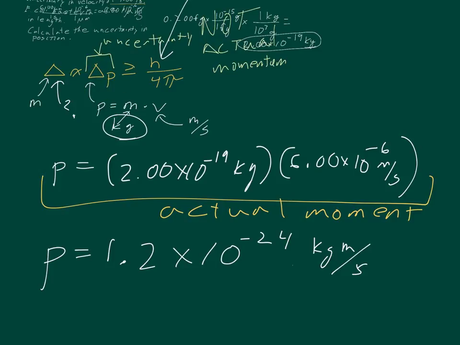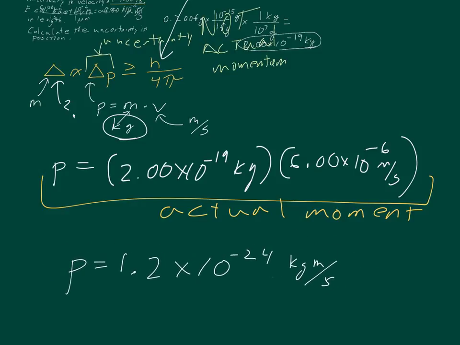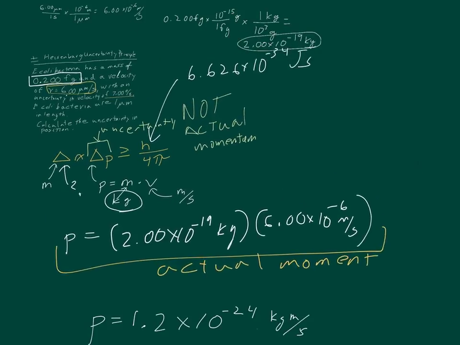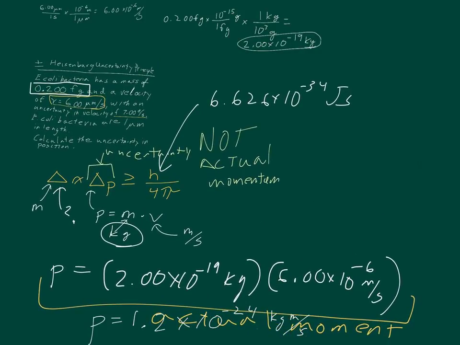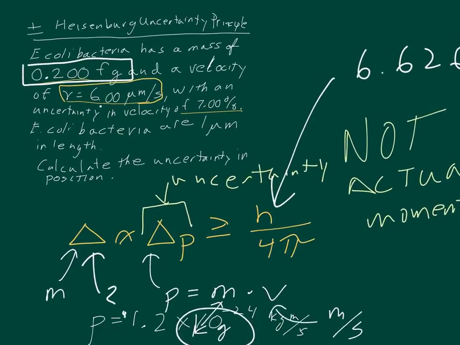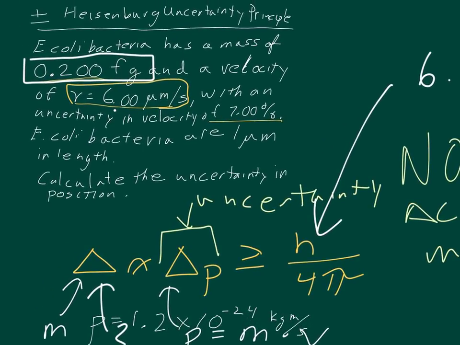If we go back to that original problem, I'm going to leave that number kind of large. Well, I guess I have to shrink, just a second. Clean up on aisle 3, please. All right. If I grow this again and we go back to that original problem, it tells me that I have an uncertainty in my velocity of 7%.